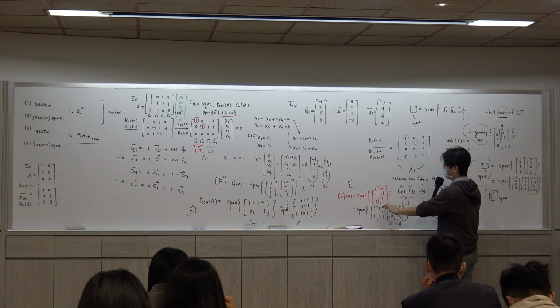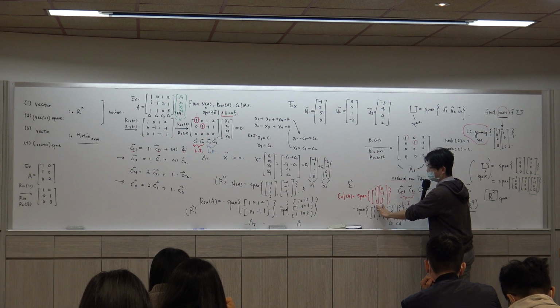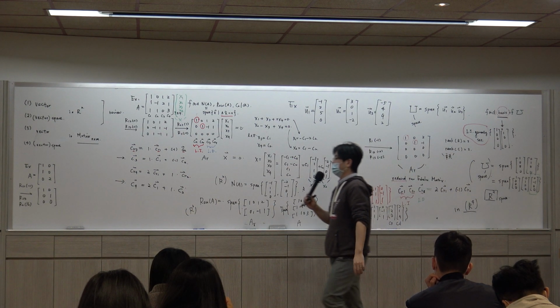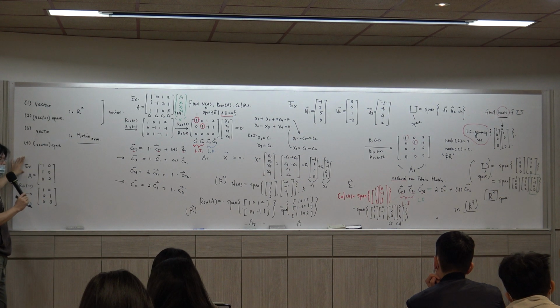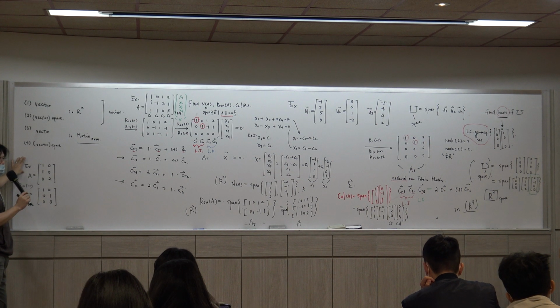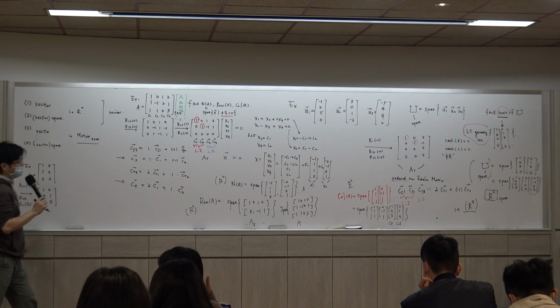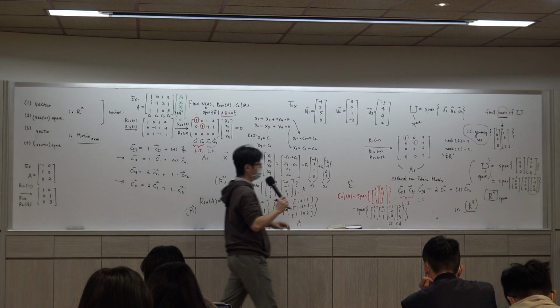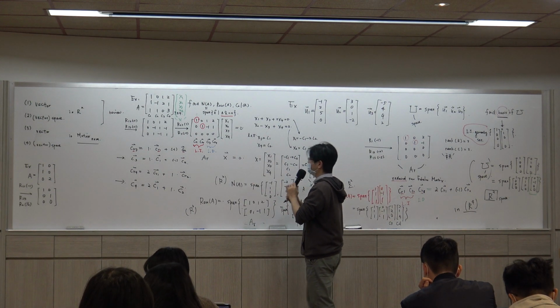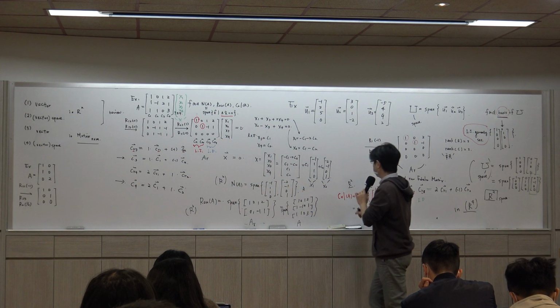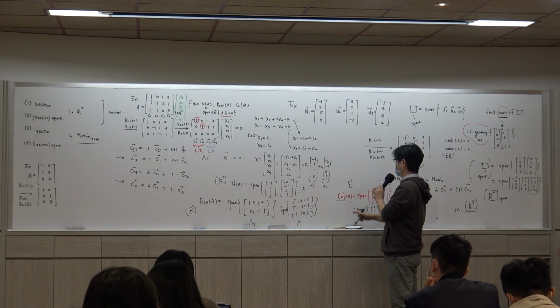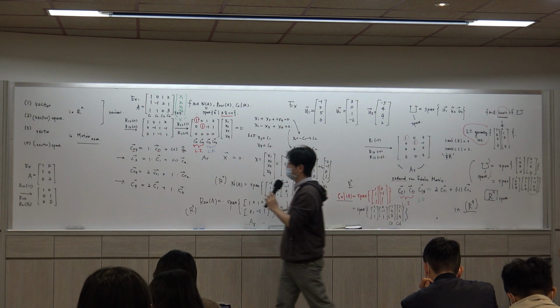Okay, and we would like to use an additional example to describe why we cannot use the column vectors in the reduced echelon matrix to describe the column space of A.